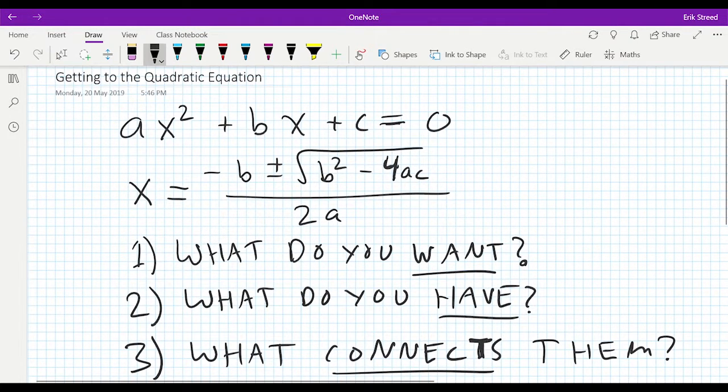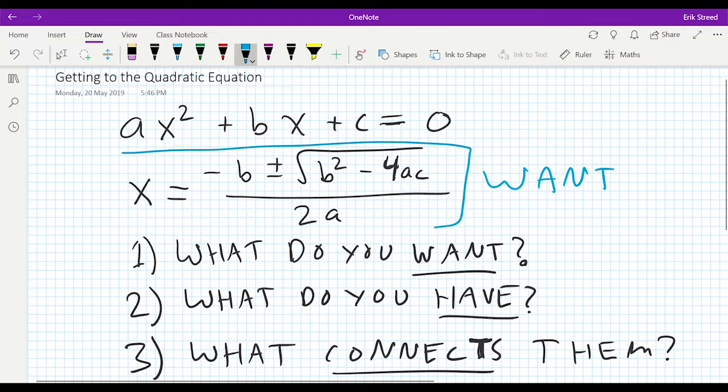So we're going to start off by labeling this quadratic equation as what we want. If you don't know what you want in a mathematical problem, it's going to be very hard to get the right answer. What you want is a starting point.